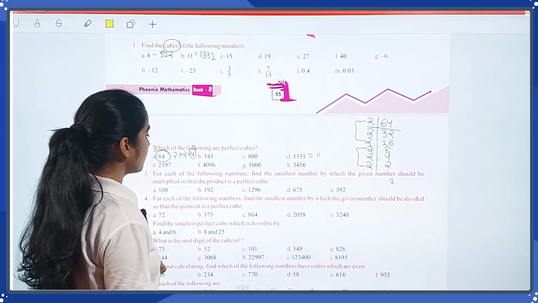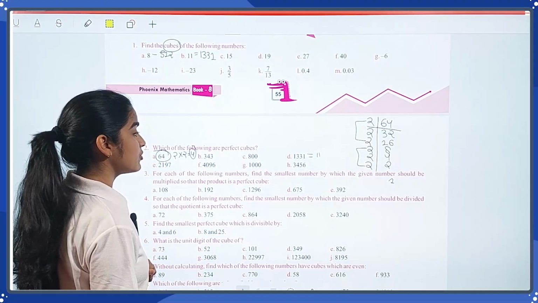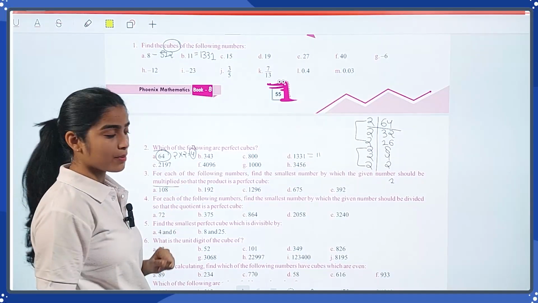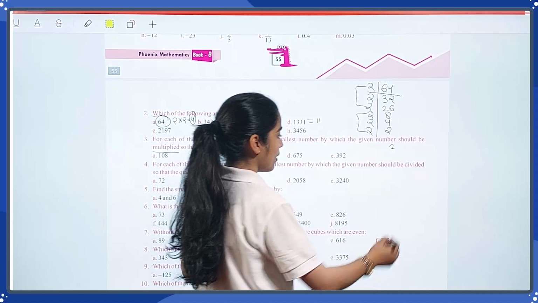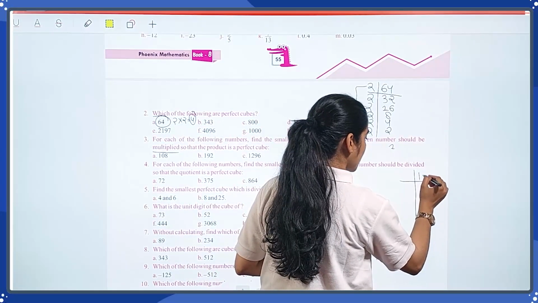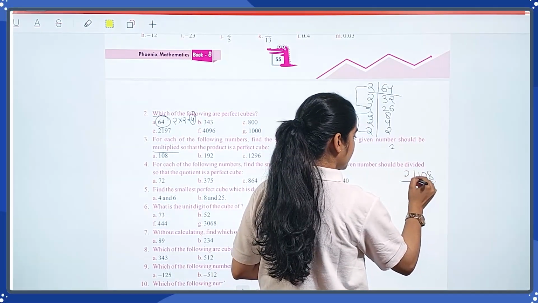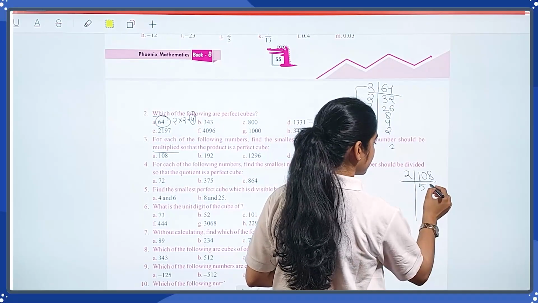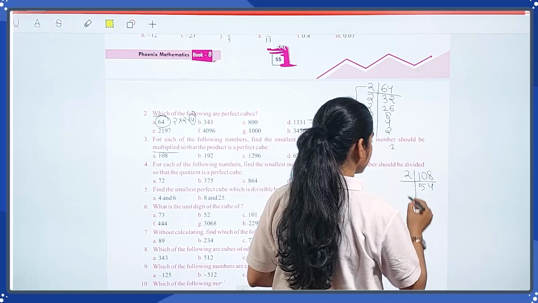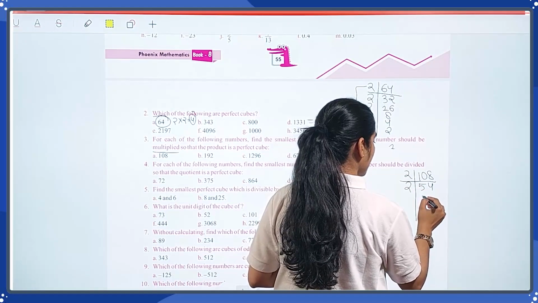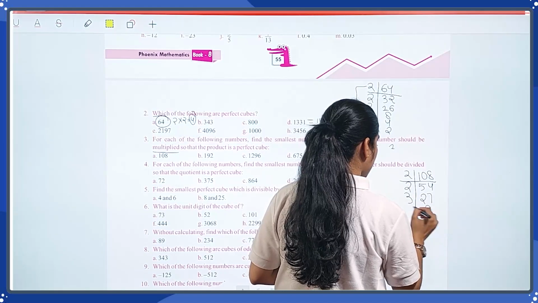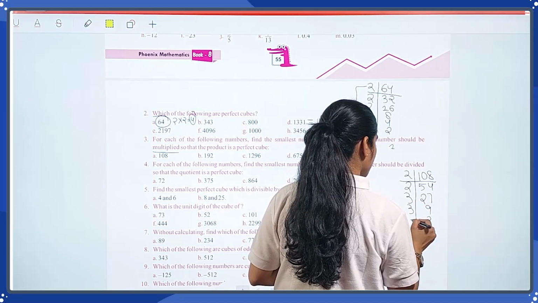For each of the following numbers, find the smallest number by which the given number should be multiplied so that the product is a perfect cube. It means what we have to do, 108 divided by 2, 54, 27, 9, 3, 1, with factors 2, 2, 3, 3, 3.